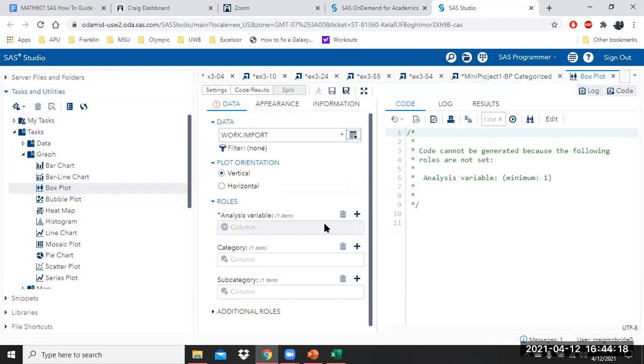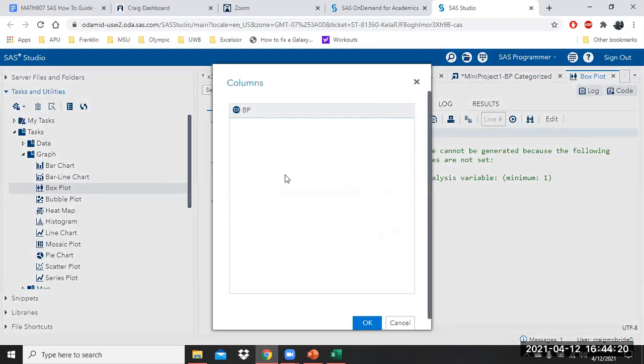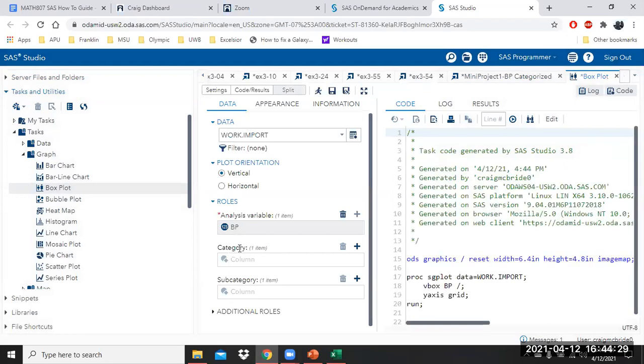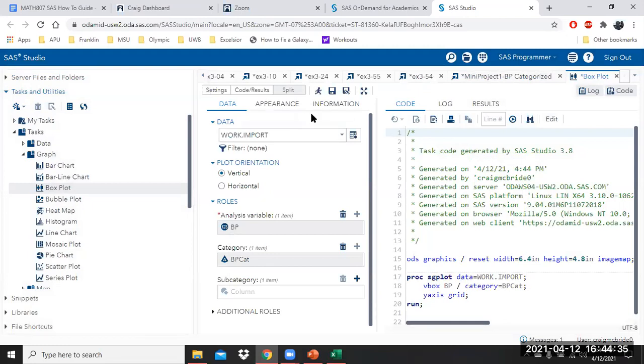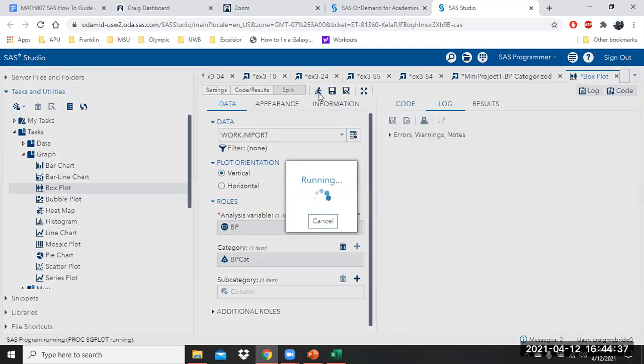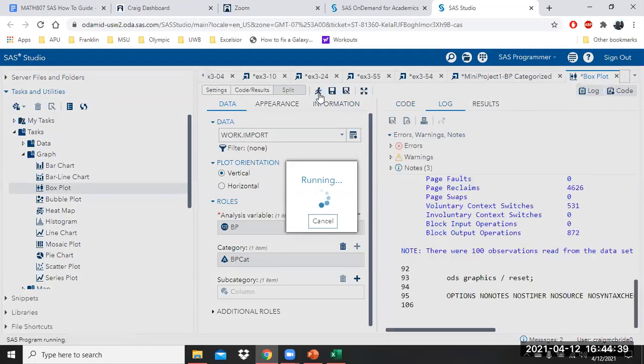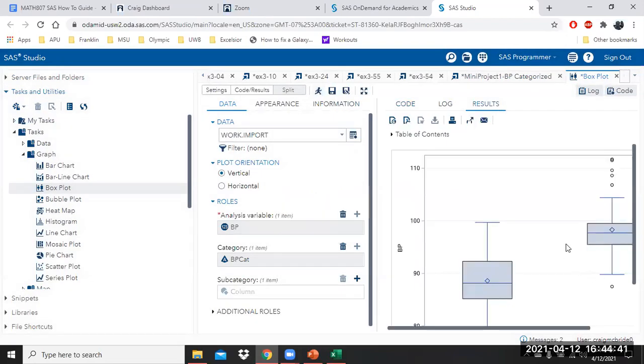So your analysis variable is now going to be BP. You'll see that it only picks BP because it only lets you pick a variable that has numbers in it. And then your category variable is where you have to add in the BP category. And now if you run it, it will give you a side-by-side box plot, just like that.